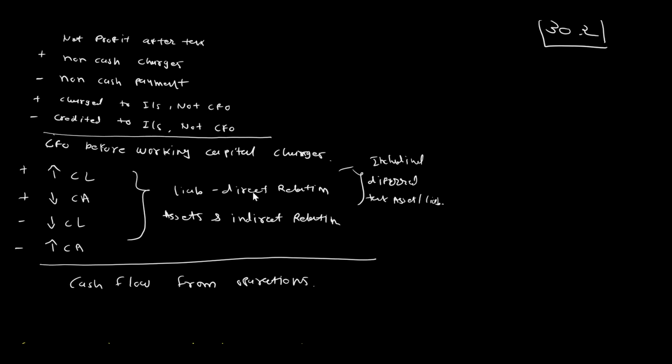So the impact on the cash flow statement: if deferred tax liability increases, it should be added. And on the reverse side, a deferred tax asset means the company pays more tax today but will pay less in the future. So this is the basic understanding of working capital.